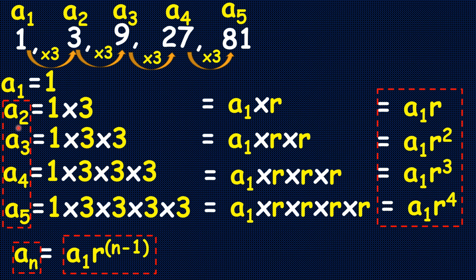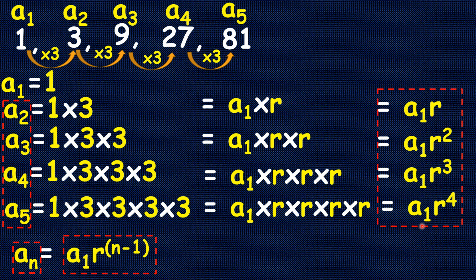Let's look at A2. A2 will be what? A1 times r. A3, A subscript 3, which is the third term, will be the first term, r raised to power 2. The fourth term, without looking at the one on the right, will be what? A subscript 1, r raised to power 3. Fifth term, A5 or A subscript 5, will be what?